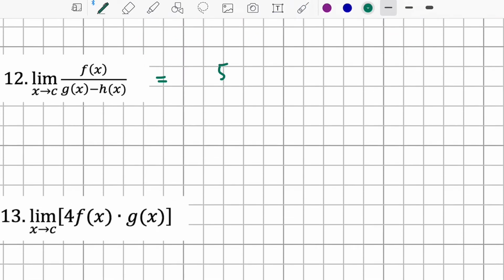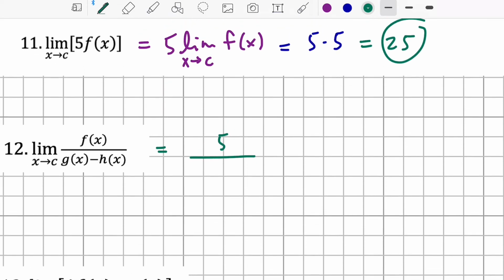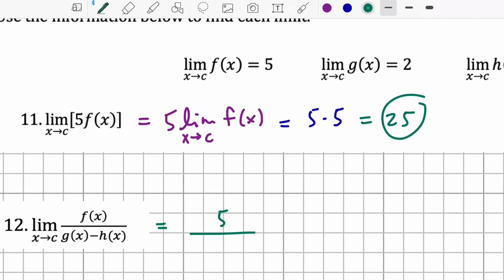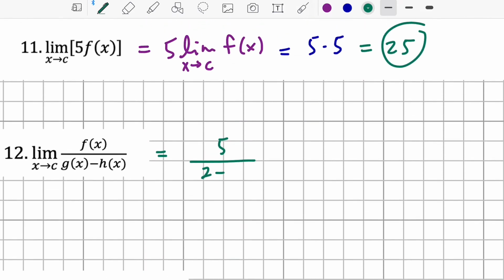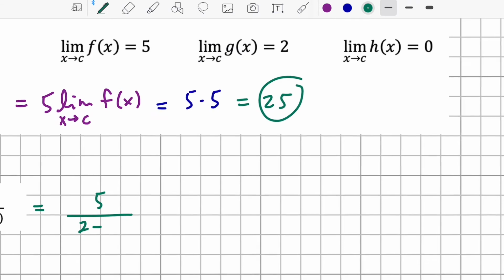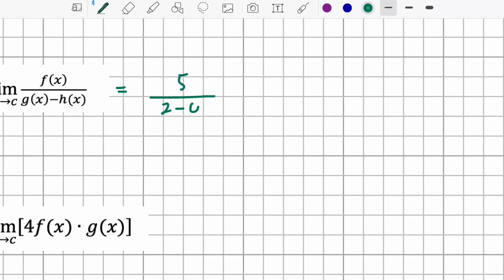So that's going to be 5 over the limit as x approaches c of g of x, which is 2, minus the limit of h of x. That will be 0. So that's just going to give me 5 over 2.